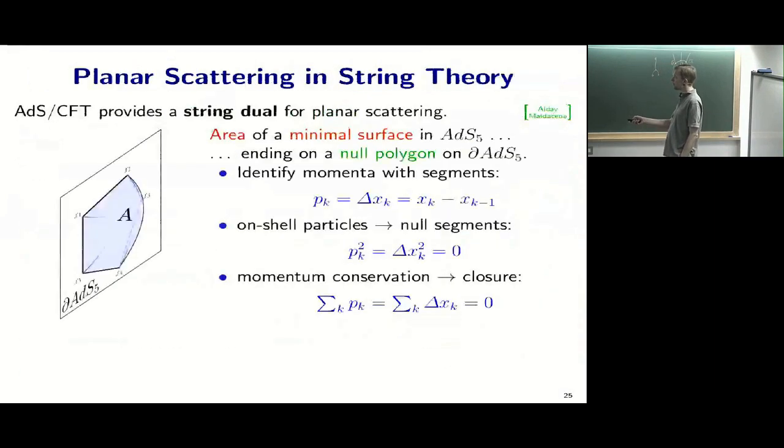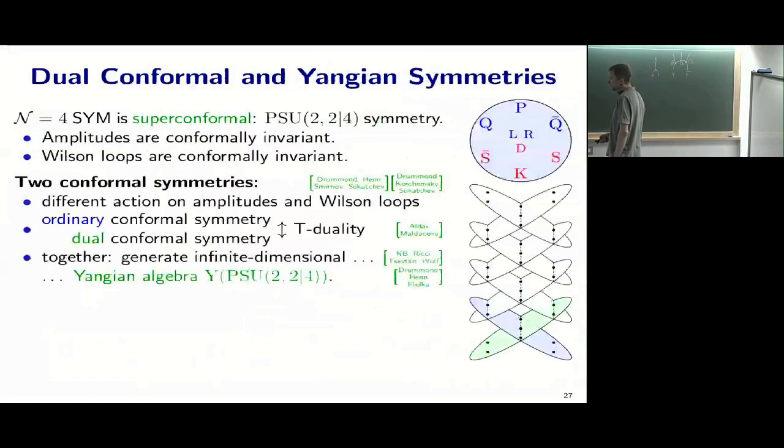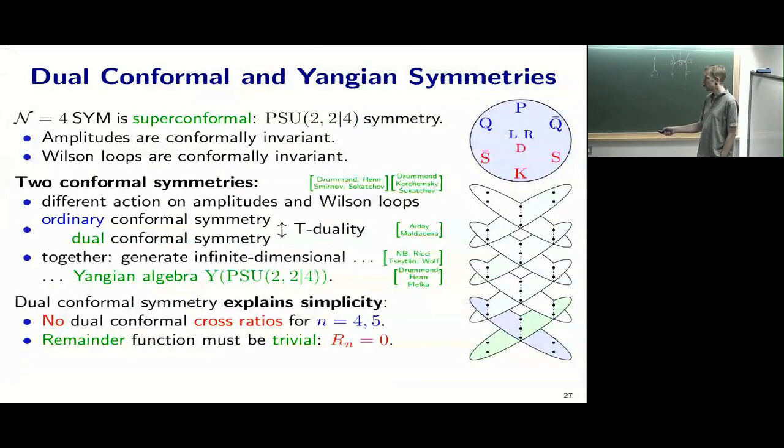And so this remainder function has to be a function of the dual conformal cross ratios, but since there are none, it has to be a constant. And a constant is practically zero, so that's what explains this result. But then for 6 and more legs, there can be interesting conformal cross ratios, and then R can be a function of them, and that's indeed what has been observed.